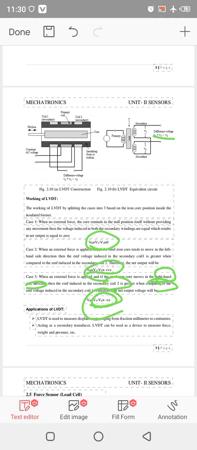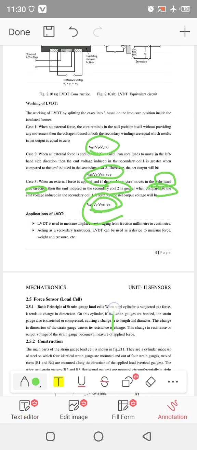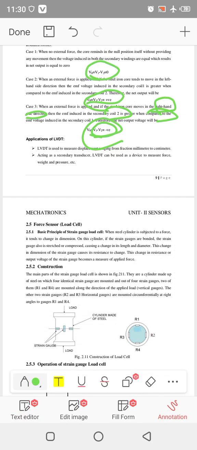Applications of LVDT, linear variable differential transformer. LVDT is used to measure displacement, acting as a secondary transducer.